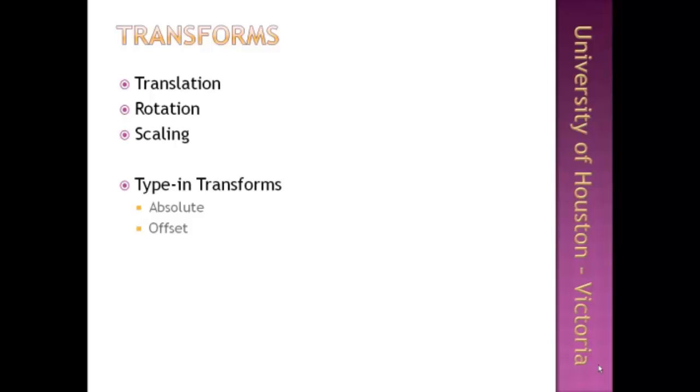If you don't want to use the gizmos, as I showed you earlier, there is a transform type-in area at the bottom of the screen that you could use and type in X, Y, and Z values within the X, Y, and Z fields.